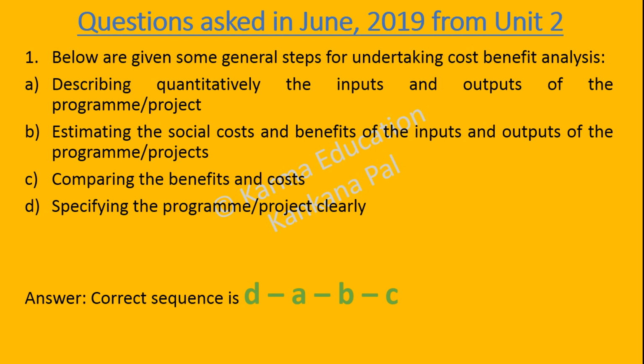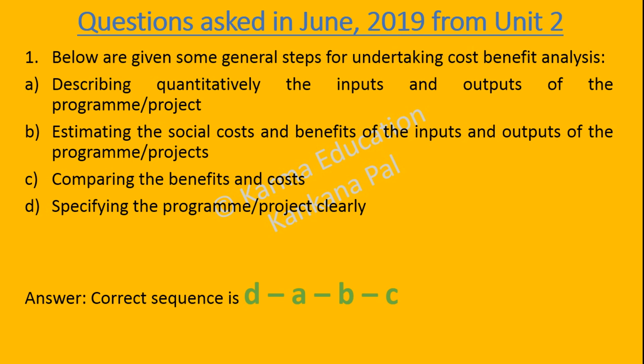This question is from cost benefit analysis. Very simple question it is. You just have to rearrange the steps of cost benefit analysis. Now you need to know what are the exact steps of cost benefit analysis. The first step is you need to specify the program or project clearly.